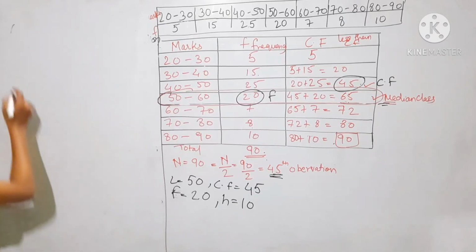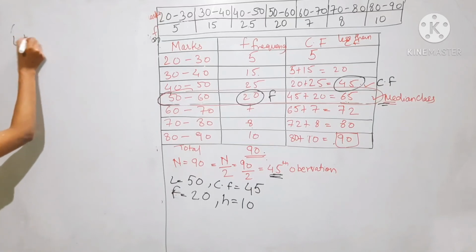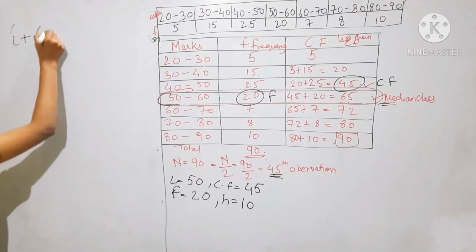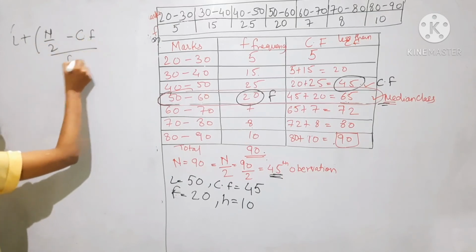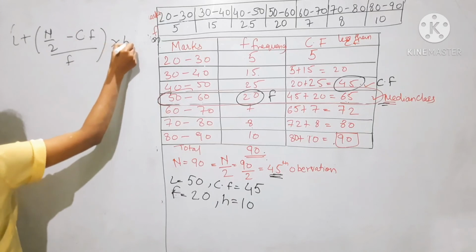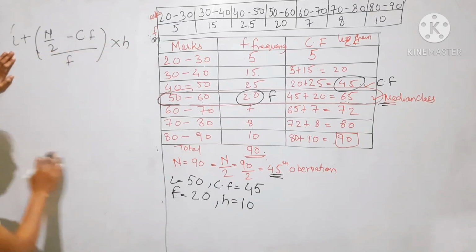Now write down the formula: L plus n upon 2 minus CF divided by F into H. Now we have noted down all the values here.